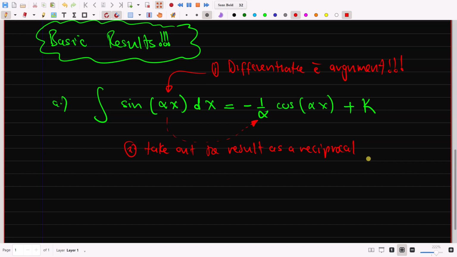Your result number two is this thing that you get, because when you differentiate here, you get alpha. That alpha that you get, you take it out as a reciprocal, and then you obtain that. Then number three, the third step is, you should know.